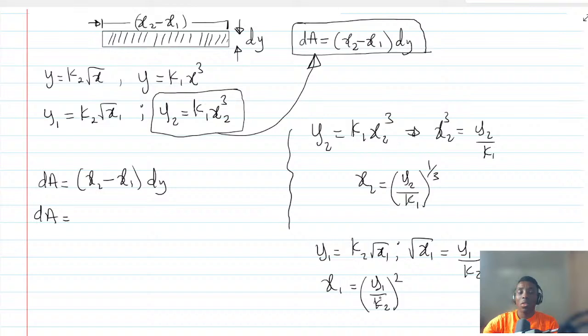Okay, now that I have x2 and x1, I can go back and put them into the equation.